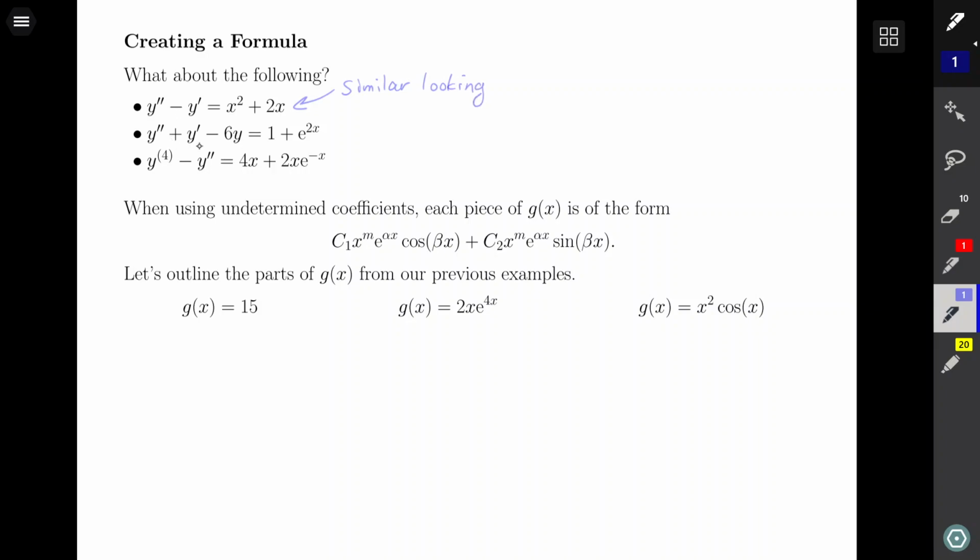The next one, again, it's a second order differential equation, but in this case, the two things added together look totally different. One of them is just a constant. The other one is an exponential. Then the third one has the issue introduced by the second one, but in addition to that, it's a higher order equation.